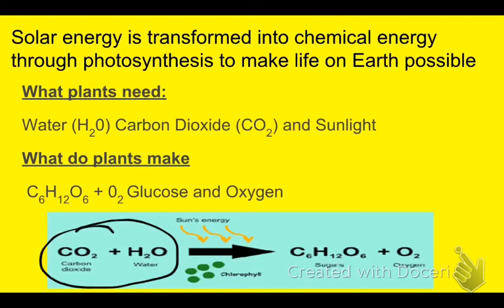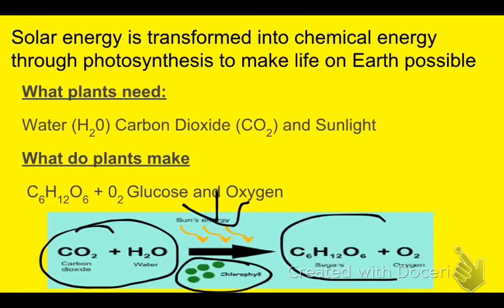So here's carbon dioxide and water. We add the sun's energy in the sunlight. And the plants have these handy dandy little organelles called chlorophyll, and with carbon dioxide, water, and the sun's energy, they are able to create their product: sugar, C6H12O6, which is called glucose, and oxygen, which we need to live.